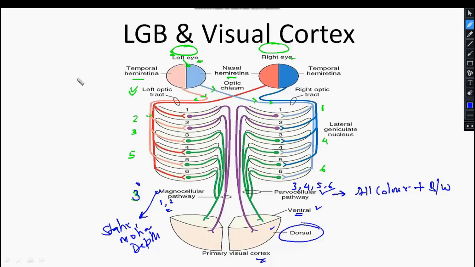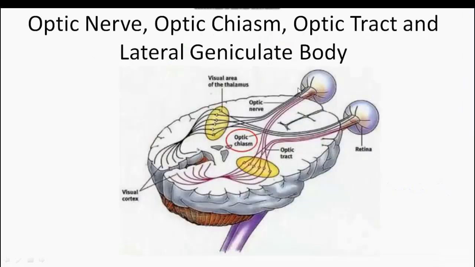So remember, many questions are based on this concept: which side of the retina is responsible for casting this side of the image or that side of the image. So to answer all this type of tricky question, you have to remember this pathway. Clear? So this is about the visual pathway, and you can draw this image, it is very easy to draw.